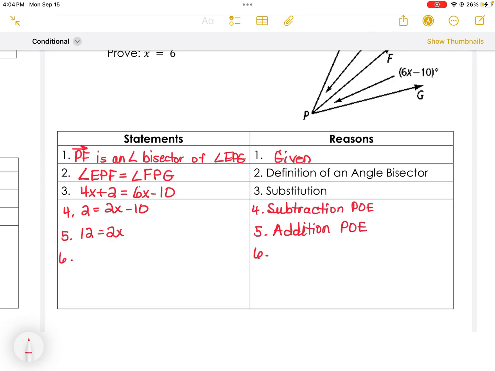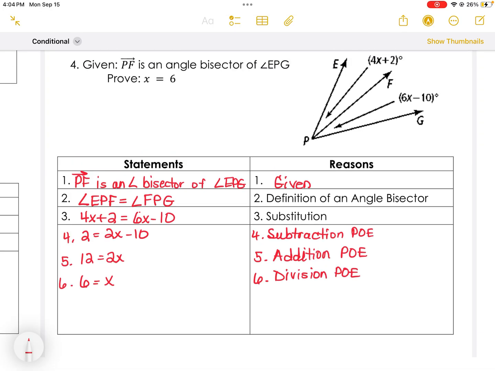And then divide by 2, division. But that is not exactly what I wanted, and it needs to be exact. I want x equals 6, so I'm going to have to flip it back around and use the symmetric property.